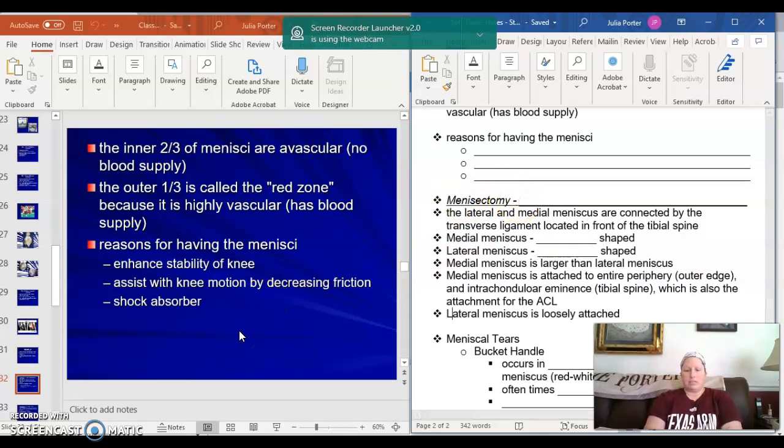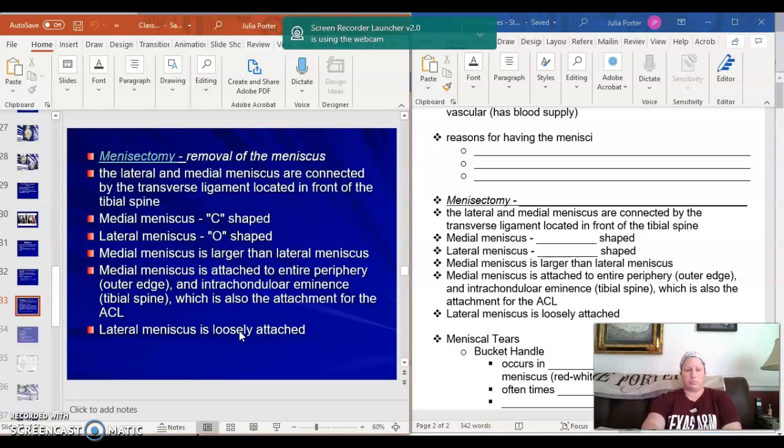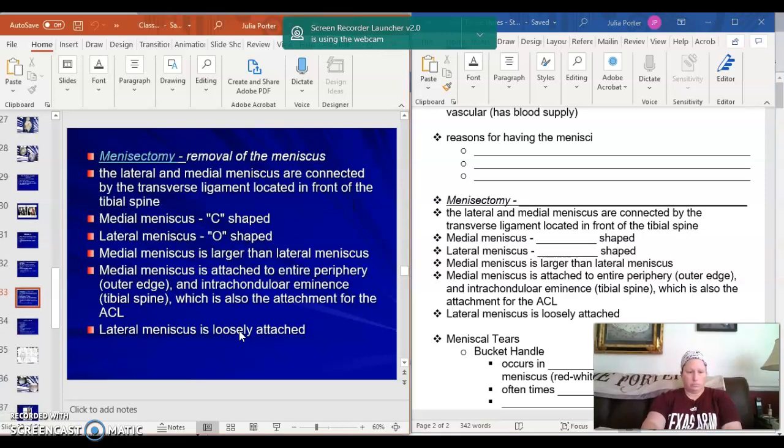Why do we have the meniscus in the knee? We have it to enhance knee stability, enhance motion, and act as a shock absorber. All right, a meniscectomy is the removal of the meniscus. The meniscus on the inside of the knee is C-shaped, and the lateral meniscus is O-shaped.